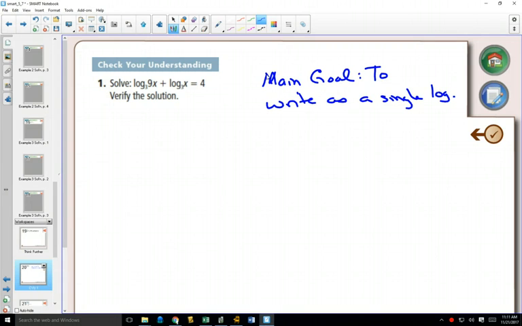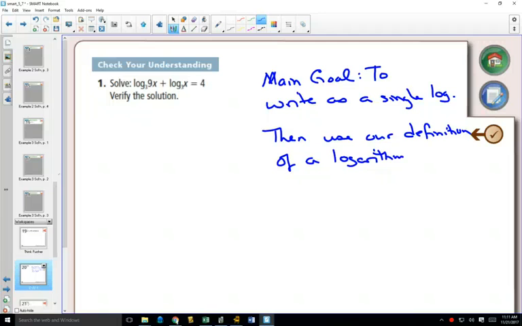And so if we can take this and write it as a single logarithm, so that's our main goal, then we can use our definition of a logarithm and change it back to exponential form. So what does that look like?